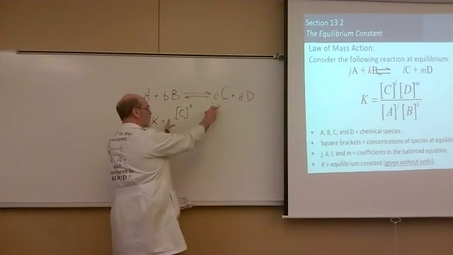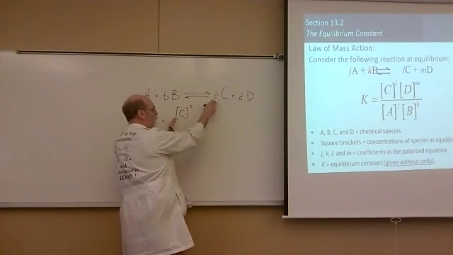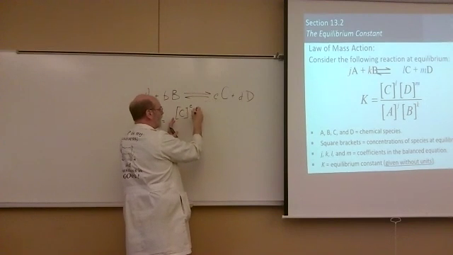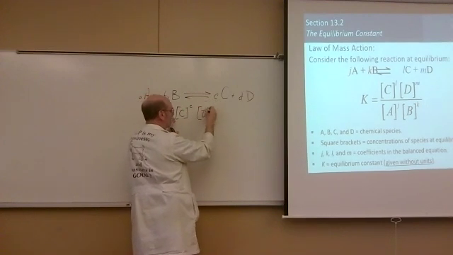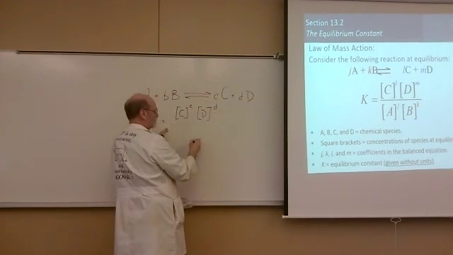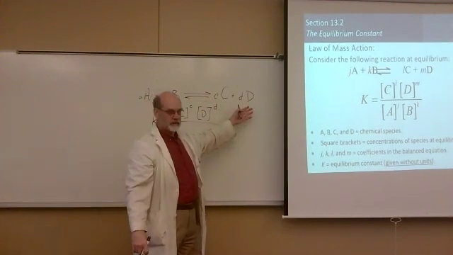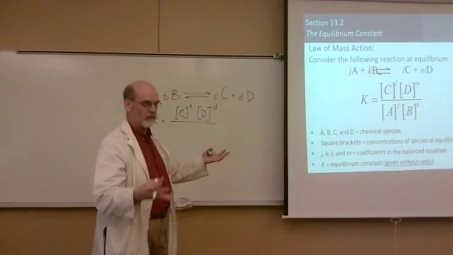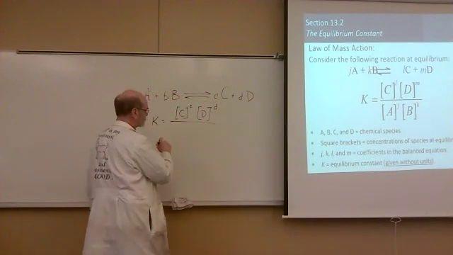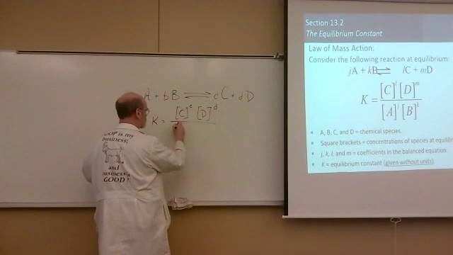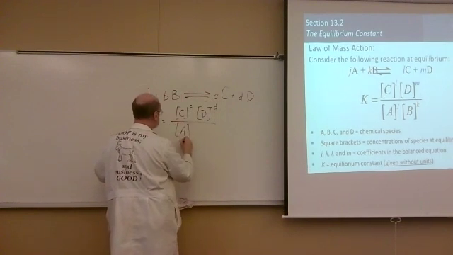So you take the concentration of C to the little c power, times the concentration of D to the little d power. And what does little d produce? That's the coefficient, just a coefficient. Yep, it'll be a number. Then you take the reactants and do the same thing.